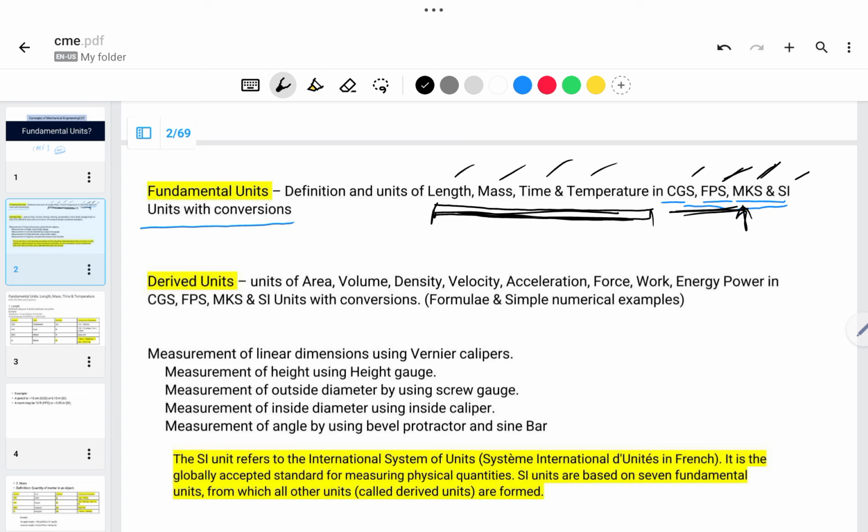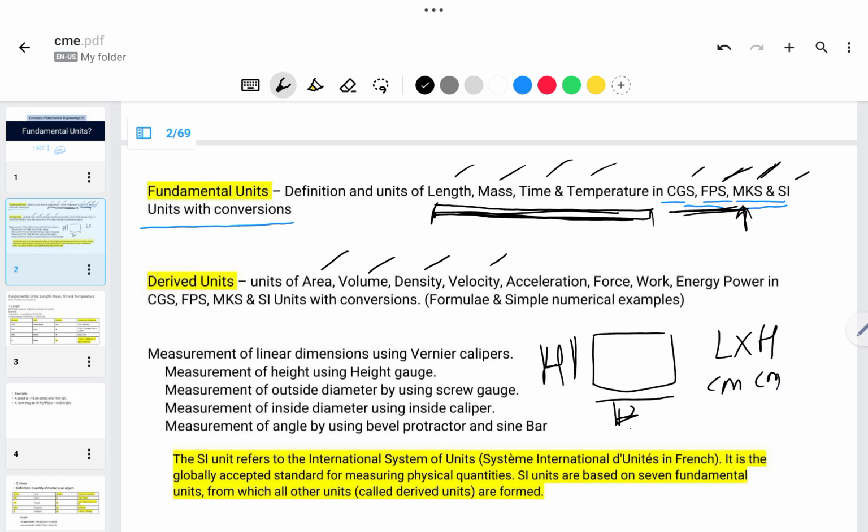Those are called the fundamental units, and the units which we derive from these units are like volume, area, density, velocity. If you want to find the area, area is the length of one side into the length of the other side, so length into height. Both are measured in terms of centimeter or meter or kilometer.